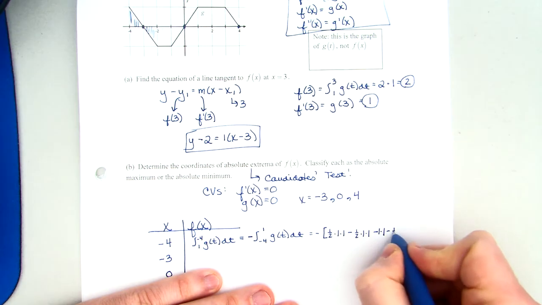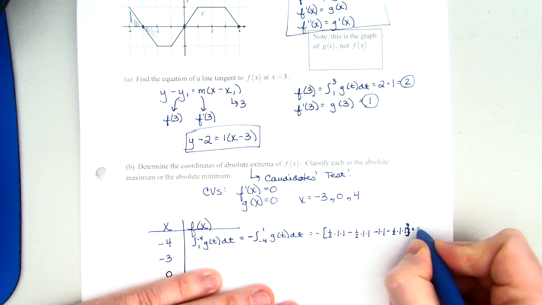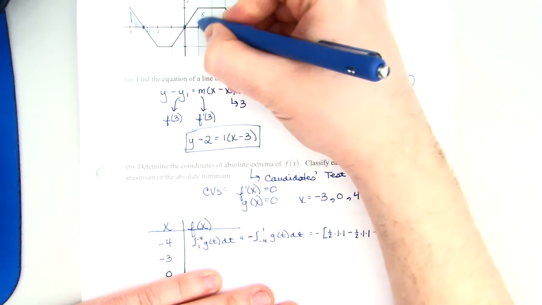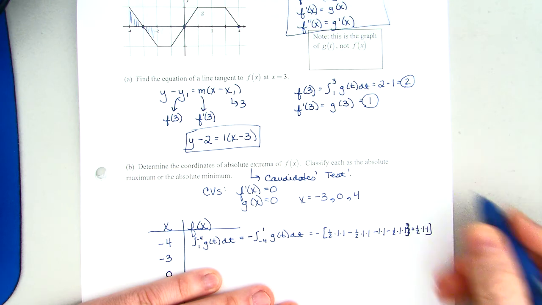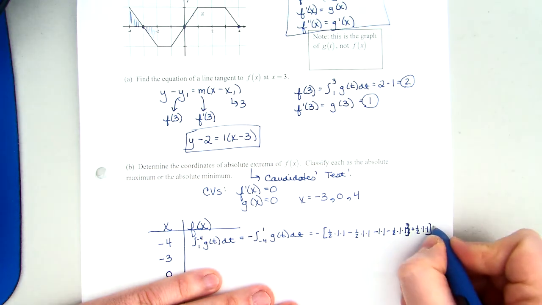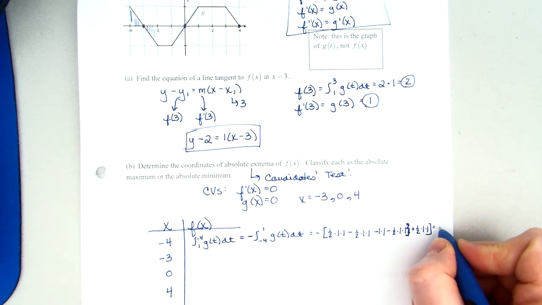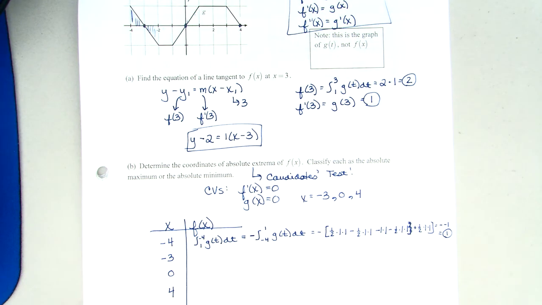Another triangle, 1/2 times 1 times 1. Then above the x-axis another triangle, 1/2 times 1 times 1. I could have just made this triangle and this one cancel, and that one and that one cancel. Either way, by the time you're done, you should end up with -1. So f of -4 should end up being +1. How about you go find f of -3?